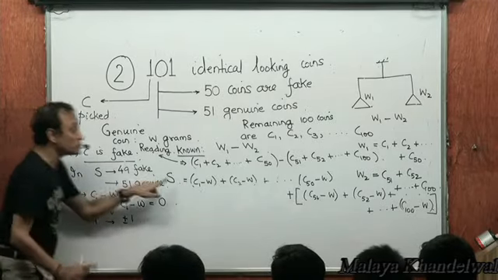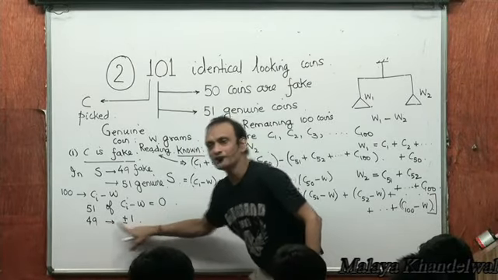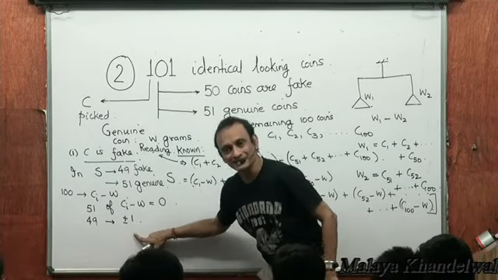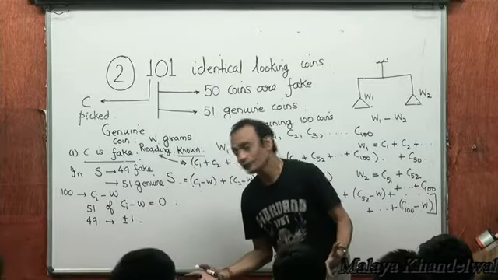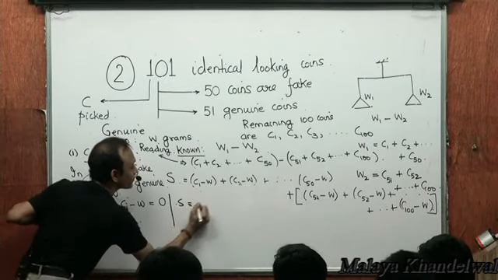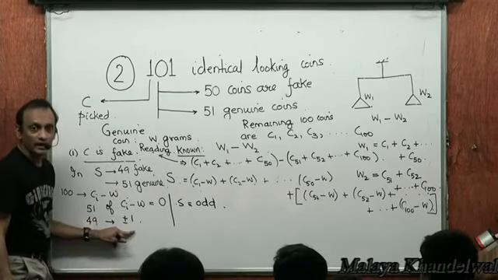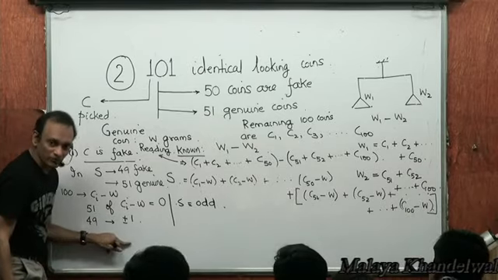That means the sum S would be odd, because 49 plus 1s or 49 minus 1s would be an odd number, right? That means this sum S would be odd, because 49 plus 1s or minus 1s and 51 zeros. So the sum would be odd.